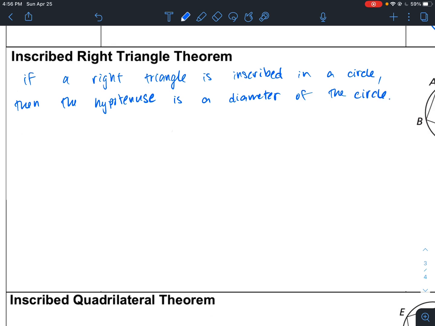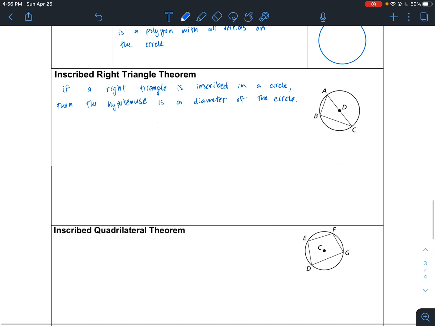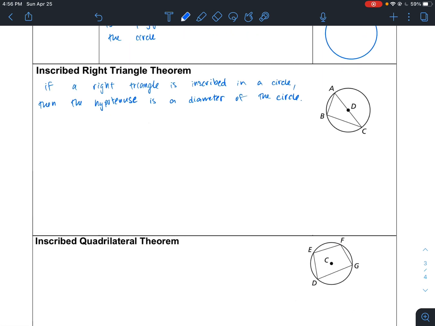That's pretty much all it really says. Basically, the opposite is also true. If one side of the inscribed triangle is the diameter of the circle, then the triangle is a right triangle, and the angle opposite is a right angle. So if a right triangle is inscribed in a circle, then the hypotenuse is the diameter of the circle.